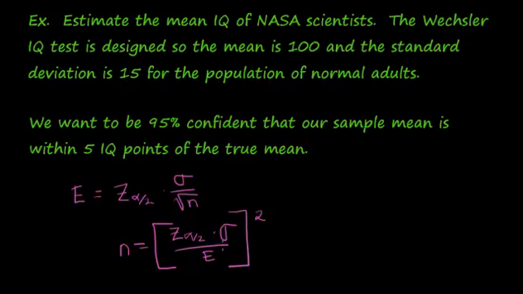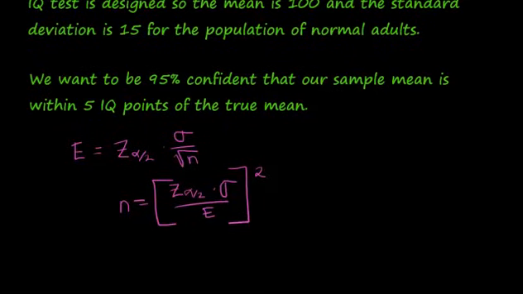Note that the capital N that represents the population size doesn't have any bearing on what size our sample should be. We don't have any place here for including the population size. So that's a good thing to note, that it has nothing to do with the size of our population.